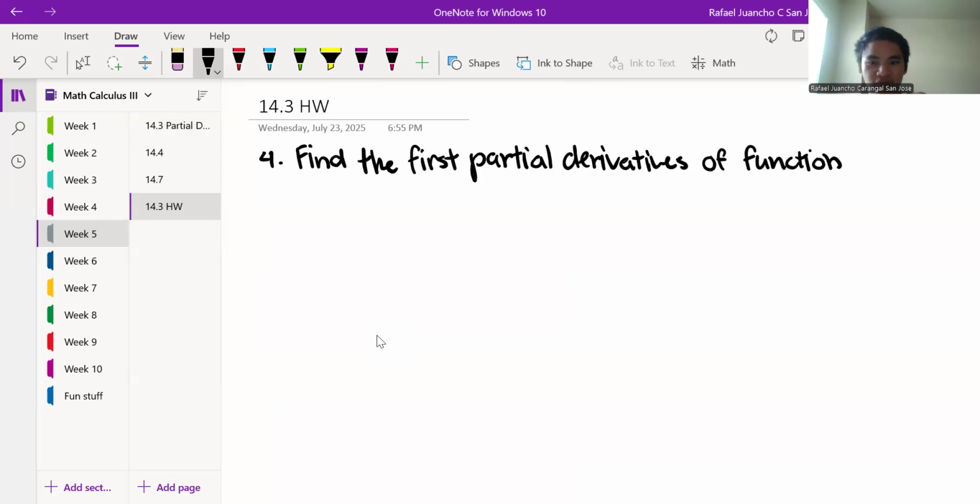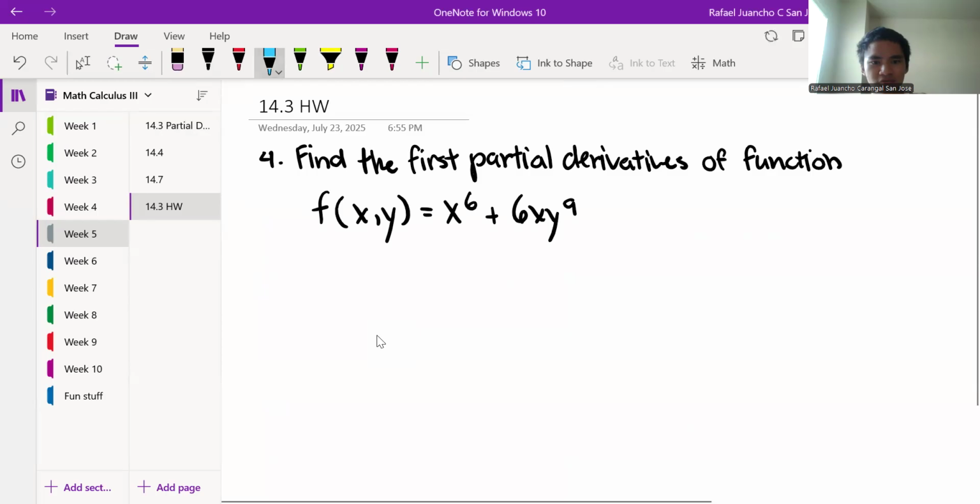I'm gonna assume it's f. We'll call it f(x, y). So it's a function of 2 variables in this case. This is equal to x to the power 6 plus 6xy to the 9. Okay, so here we want to find f sub x.